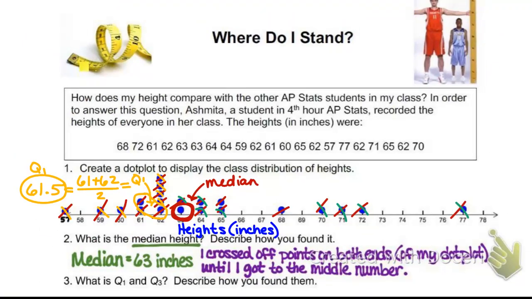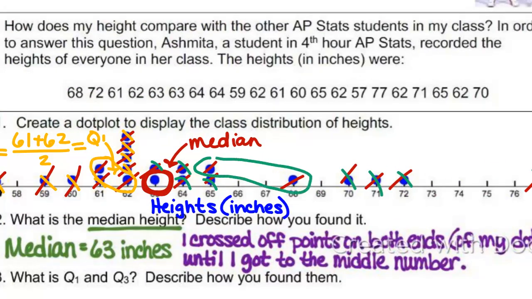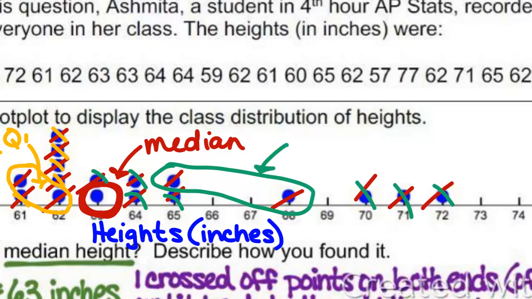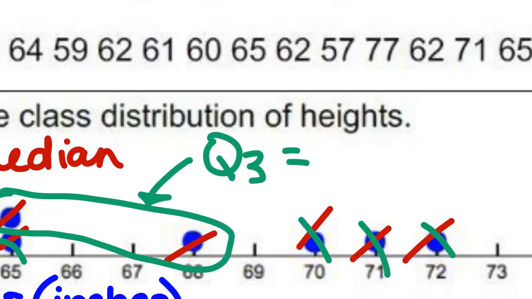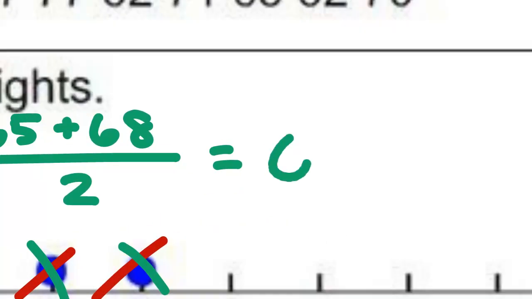So these two are my two in the middle. So how do I find Q3 then? Add them and divide. So we're going to add 65 and 68. Cut it in half. What is our Q3? 66.5.